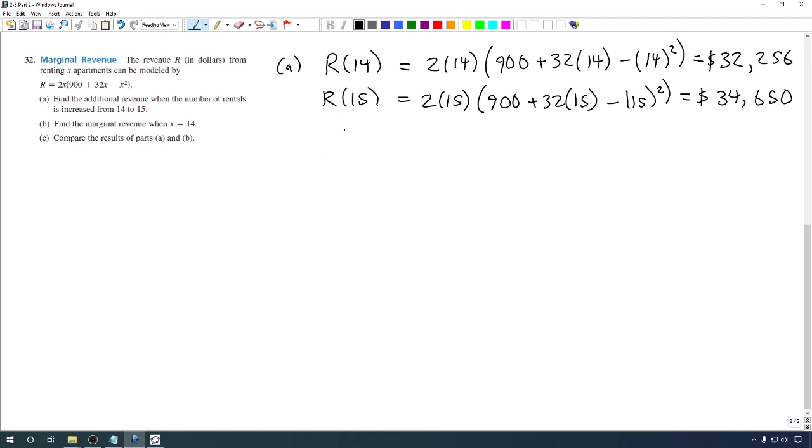And so the additional revenue we got from renting 15 apartments versus 14 is just going to be the difference between these. 34,650 minus 32,256, and we get $2,394. That's the additional revenue.